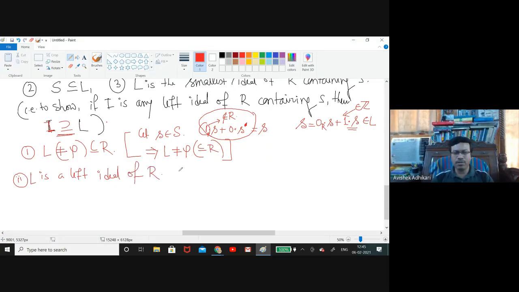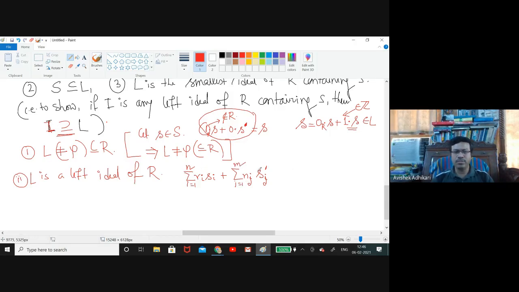The non-empty part we have already proved. So we take two elements. How does it look? It should look like the summation of r_i s_i, i equal to 1 to n, plus the summation of n_j s_j dash, j equal to 1 to m.